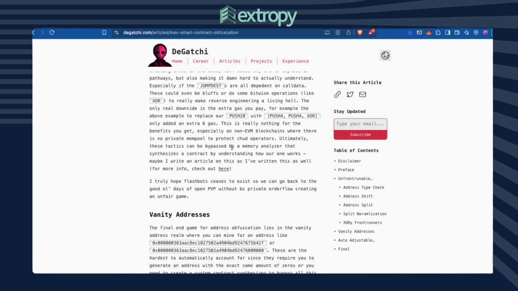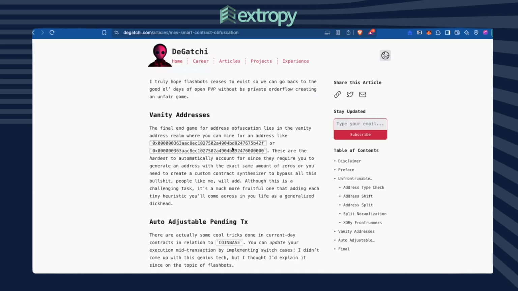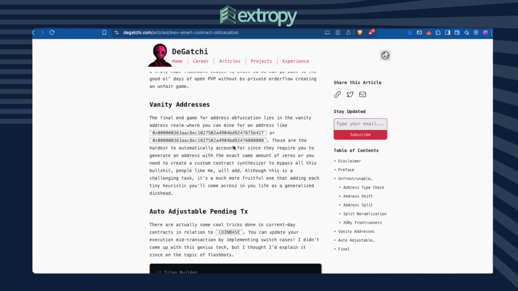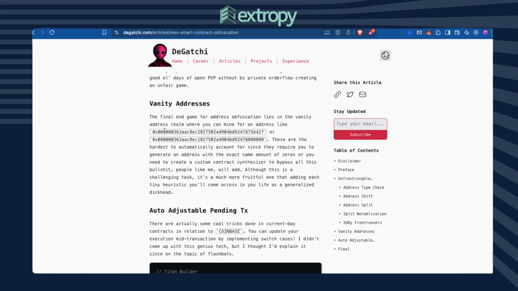Other points he's got here: vanity addresses. Vanity addresses are used anyway because they are cheaper to manipulate than any kind of random address. So that makes sense.